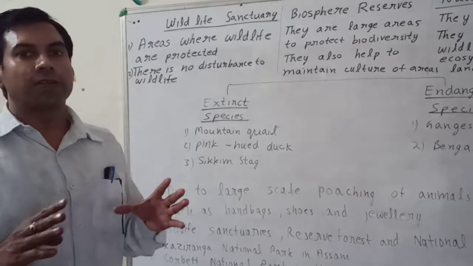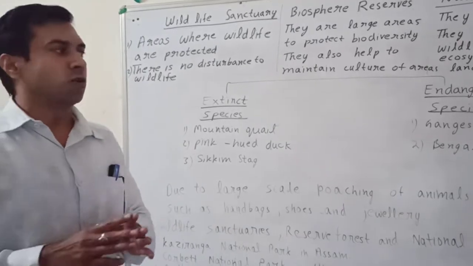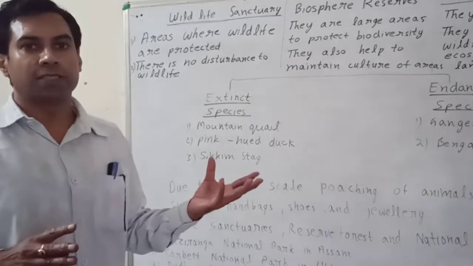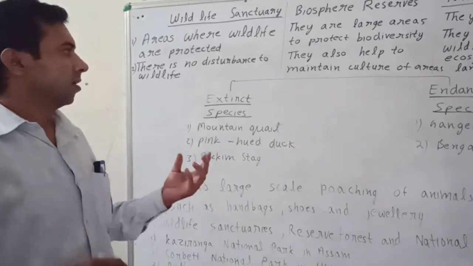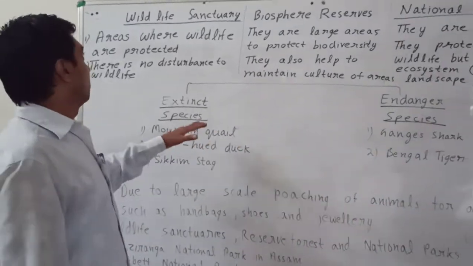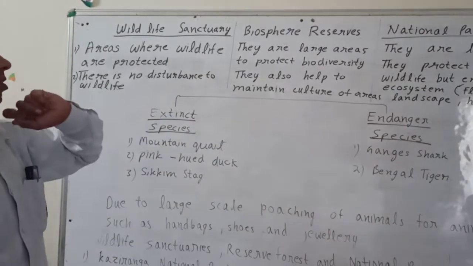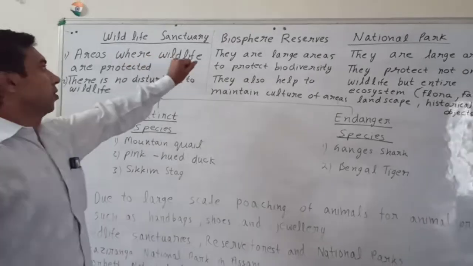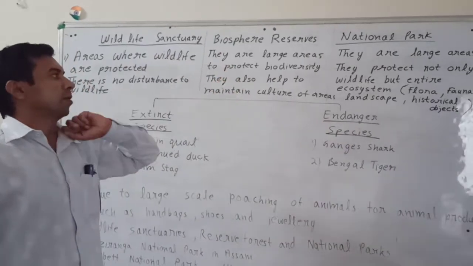So it is the duty of the government to protect these species because they have an importance in nature. For that purpose, the government has made different types of sanctuaries, reserves, and parks: wildlife sanctuary, biosphere reserves, and national park.